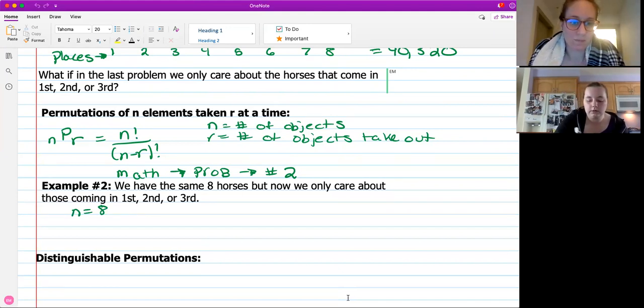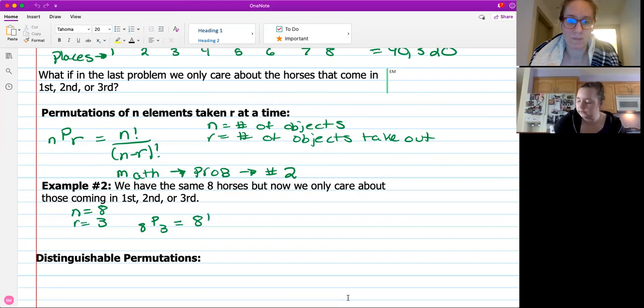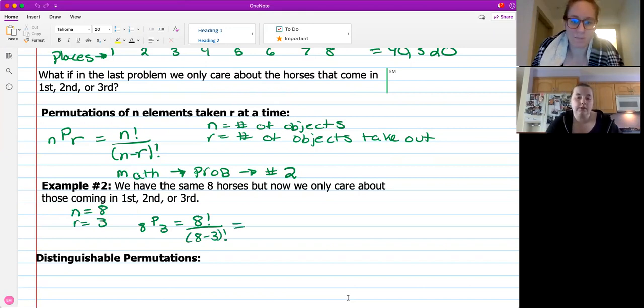So r is going to equal 3. You're going to have 8P3, which equals 8 factorial over (8 minus 3) factorial. You can either put it into your calculator or simplify it by hand, but this ends up being 336 different ways that the horses can come in first, second, or third.